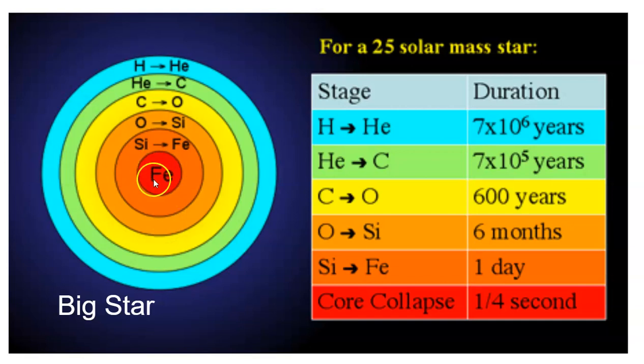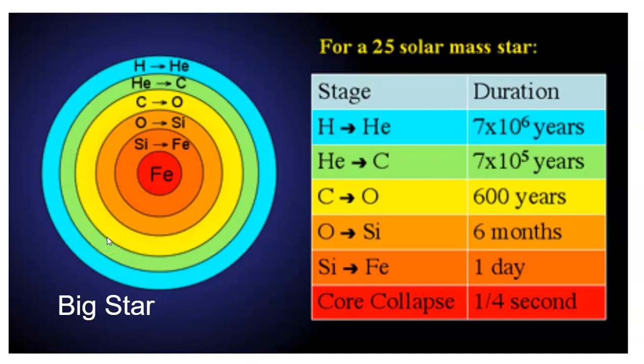So for example, this is iron, it's number 26, where silicon's number 14, oxygen is 8, carbon is 6, helium is 2, and hydrogen is 1. So when I say higher, I meant like physically, it's above it.